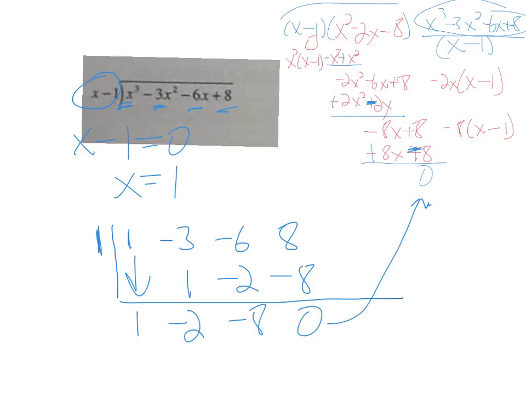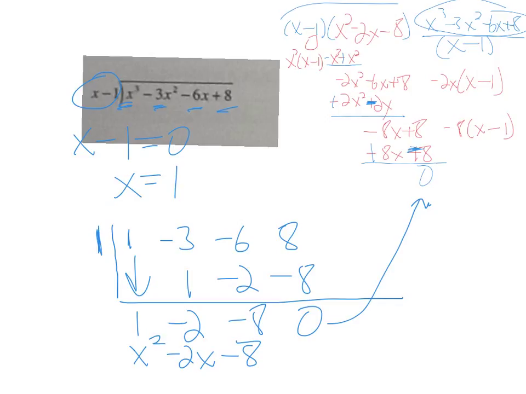If I take a look at these numbers, 1, negative 2, negative 8, you see how that's the same as our quotient from before, 1x squared minus 2x minus 8. That's how you can read your quotient. It's always 1 power less than you started with. I started with an x cubed, and I'm ending up with an x squared.